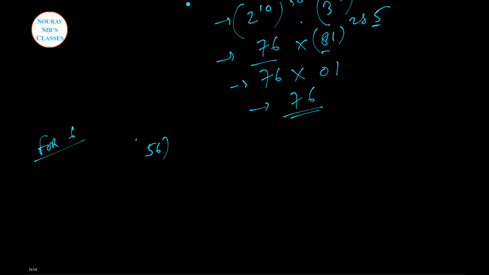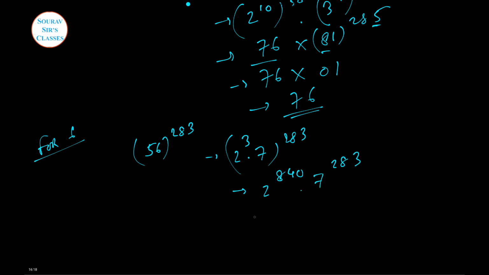So for example, 56 to the power 283 is given. So this is 2 cube into 7 to the power 283, so you put 2 to the power 840, 7 to the power 283. Now 2 to the power 10 into 84, and 7 to the power, here there is a 2, so there is 849 actually.